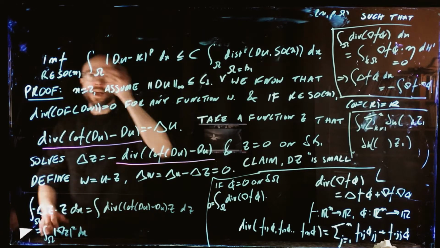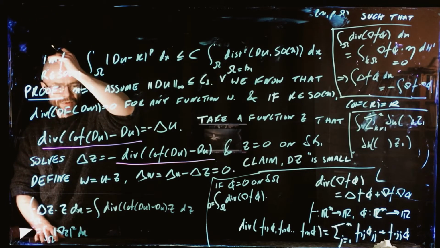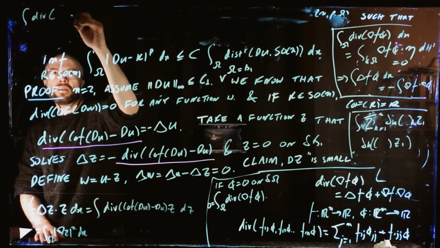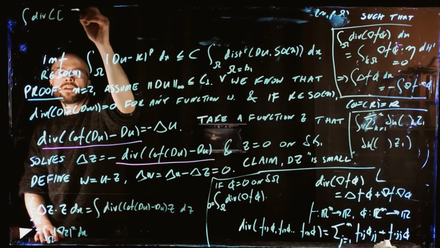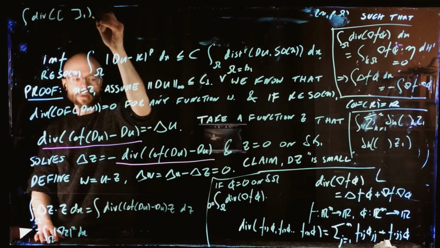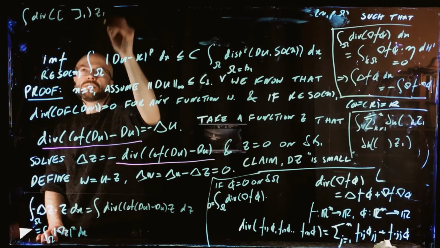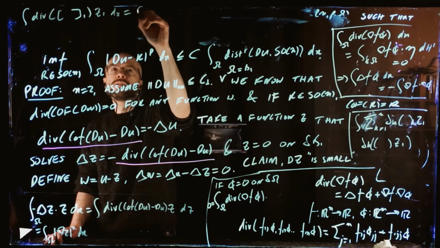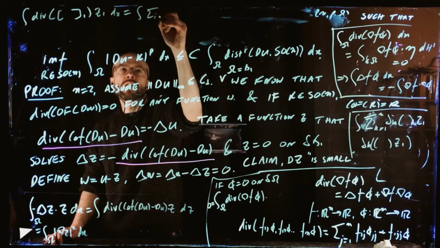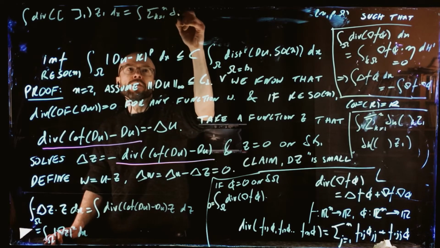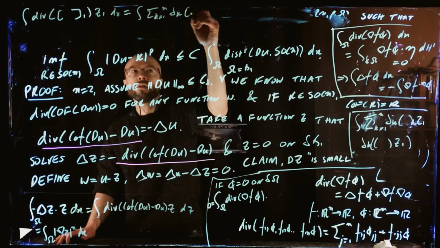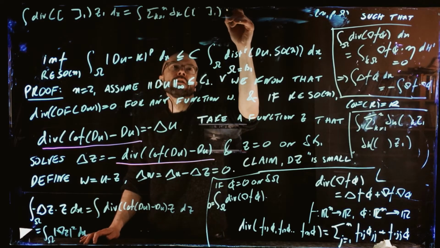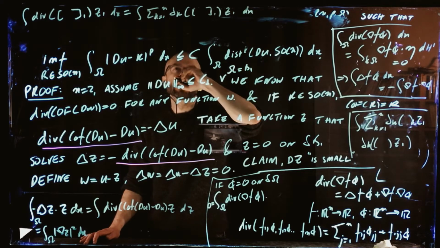And what do we have here? Let's just write it out like this. We have the divergence of this thing, I'm going to write 1 for the first row, times z1 dx, and then that is the sum of all these partials, the sum k equals 1 up to n of the kth partial of this guy right here, z1 dx.